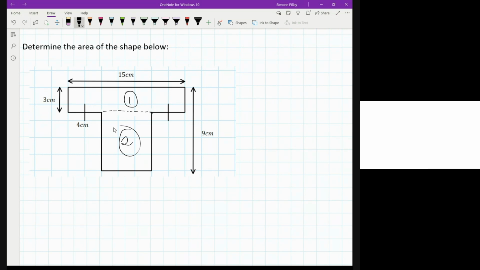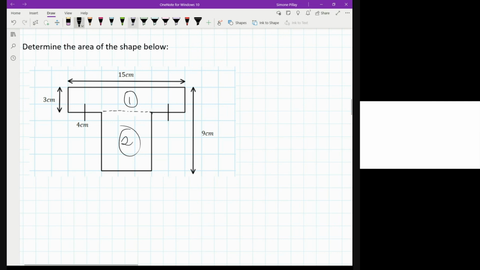Now, the way that we split it is going to depend on the information we've been given. So if I have enough information to keep my shape split like how I've labeled it here, then I'm going to do that. The only information I need is to be able to calculate the area. So these are going to both be rectangles. So I need the length and I need the breadth of both rectangles.